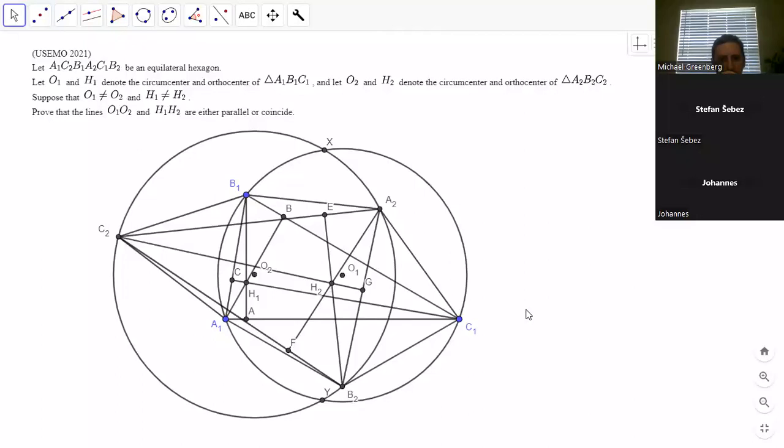Yeah, it's really hard to draw a good figure. I kind of like this problem.